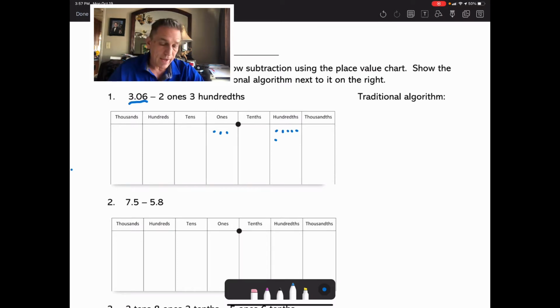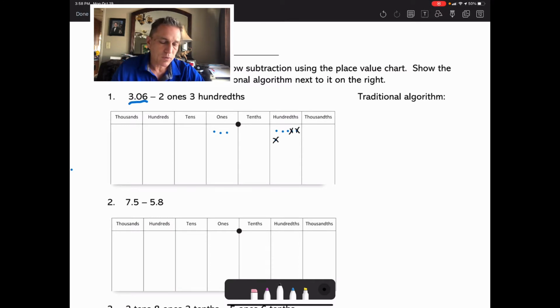And we're going to take away 2 ones and 3 hundredths. All right, so to do that, I'm going to start with the smallest place value first. So I'm going to take away 3 hundredths. So all I have to do is cross them out. So 1, 2, 3.